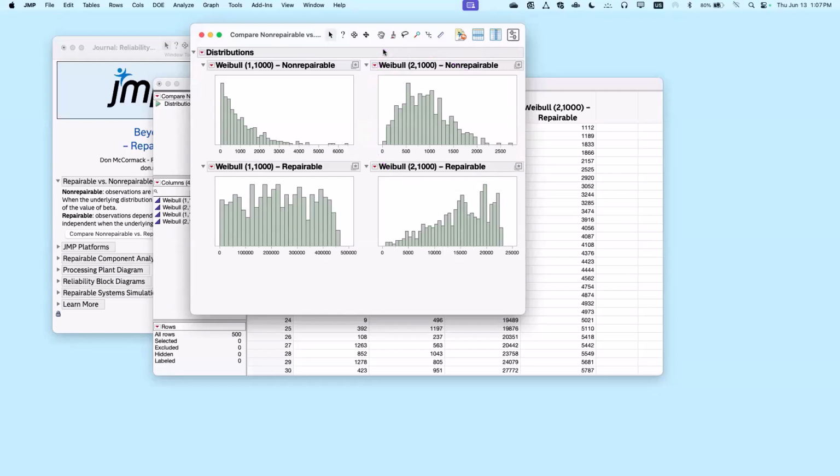So that's the distribution of my failure times. The only place where you do see a uniform distribution of these failure times is the repairable system, but when the beta is equal to 1. It doesn't matter what the alpha is, as long as that beta is equal to 1, I'm going to get this memoryless process. Think of it, a lot of times folks will talk about the bathtub curve. So this is the flat portion of the bathtub curve when we're dealing with failures that occur in that time.